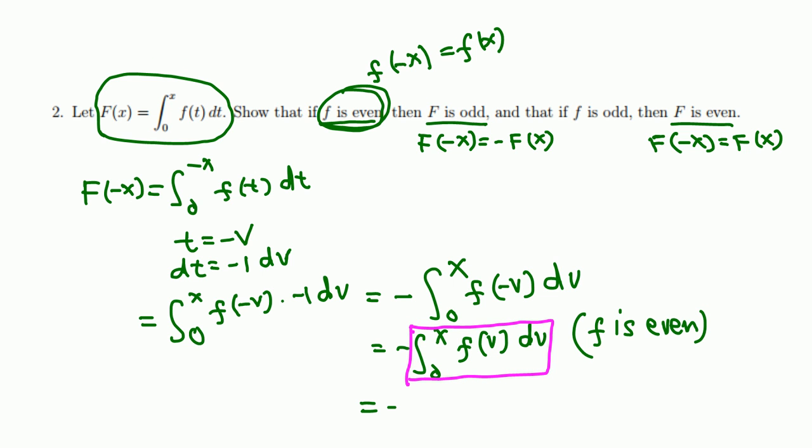This is the same as here, because t is a dummy variable. Now we have v, so negative outside, so this function is the same as fx. Then we started with f of -x, we got negative f of x. That means f is odd. Okay, thus f is an odd function, and do the same thing for the other.